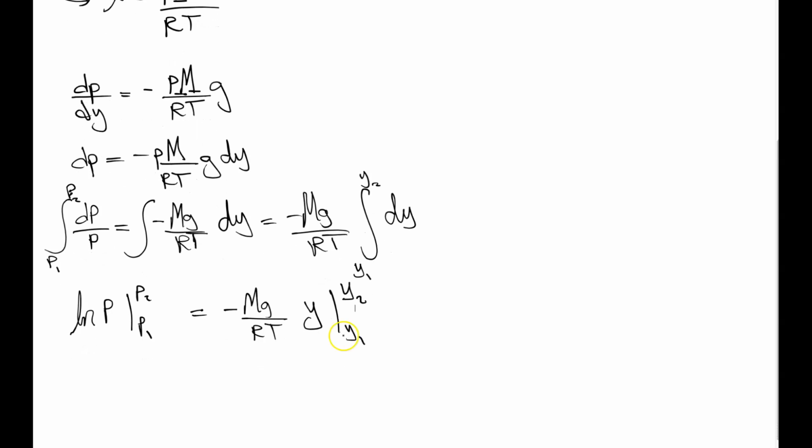Now if we plug in the integral limits, we get natural log of P2 minus natural log of P1 equals minus mg over RT times Y2 minus Y1.